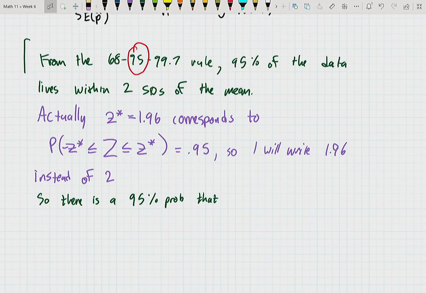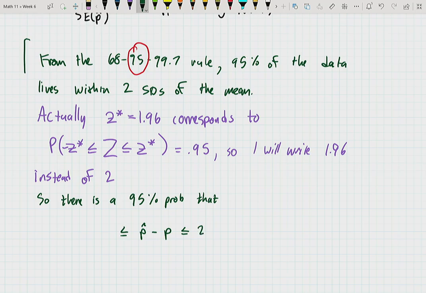There's a 95% probability that p hat minus p is less than 2 standard deviations away from each other.